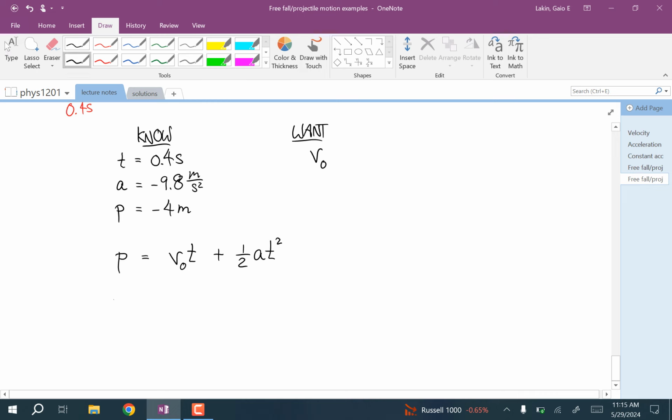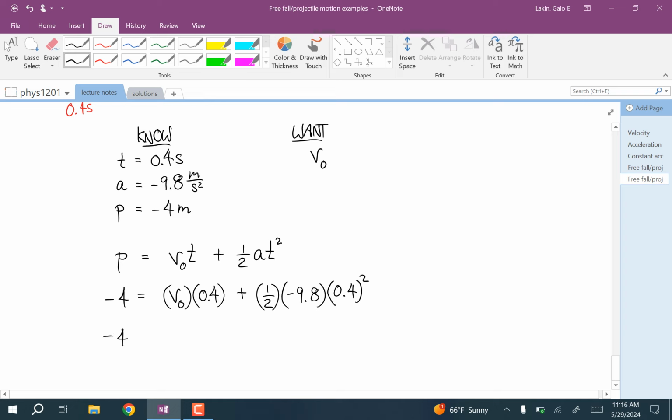Put in all the things you know, and you get negative 4 is equal to v sub 0 times 0.4 plus 1/2 times negative 9.8 times 0.4 squared.